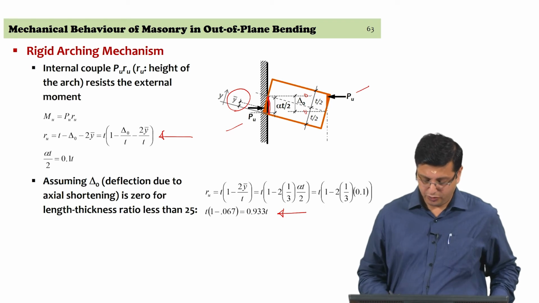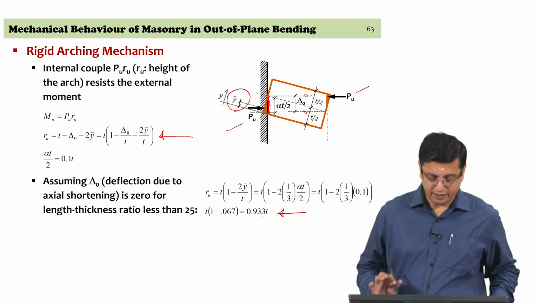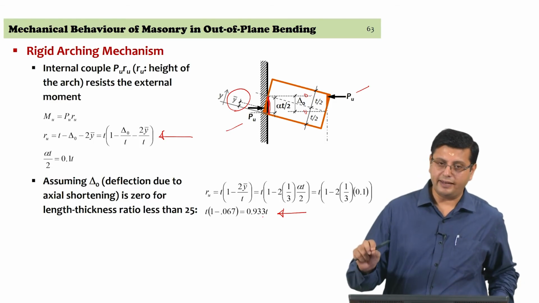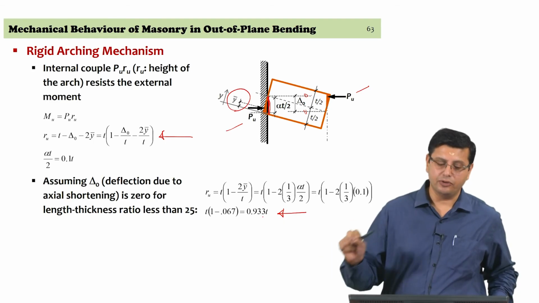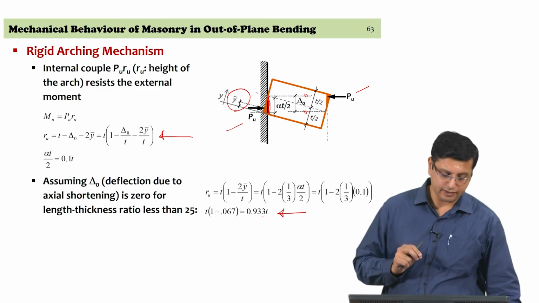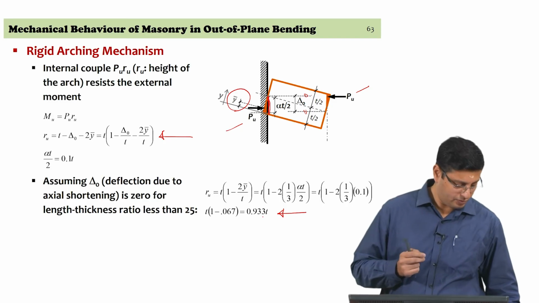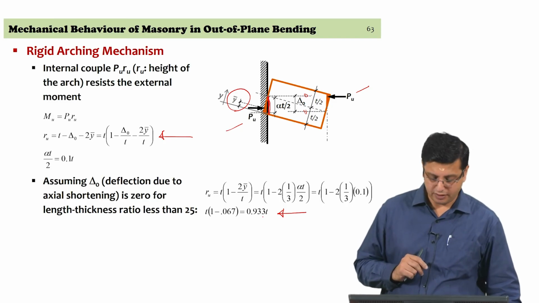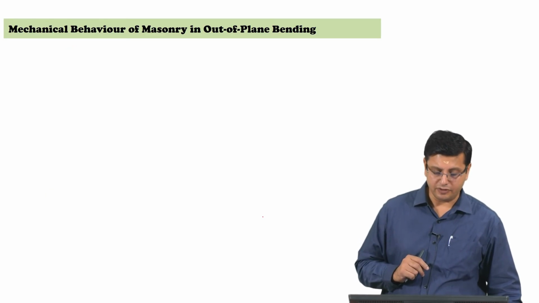So, here you get a rise of about 0.933 t based on the geometry that we have assumed. So, analytically you need an expression for Ru, and from the material strength you need an expression for Pu to be able to estimate what the moment capacity of the wall itself is going to be.